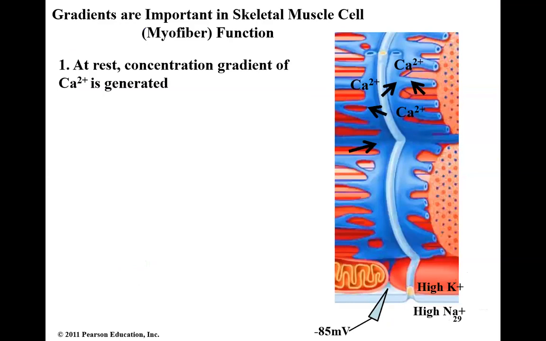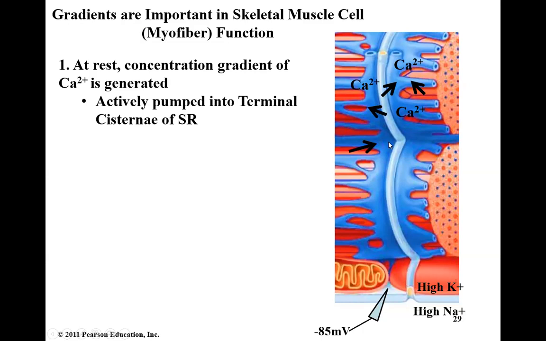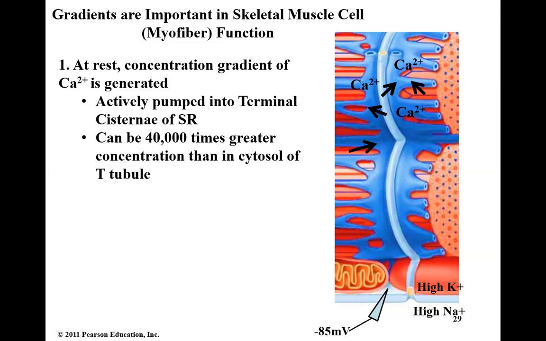Well, at rest, the membrane of the sarcoplasmic reticulum, right, so this blue stuff right here, is actively pumping calcium out of the sarcoplasm, right, so out of just floating around the muscle cell and into the SR. Right, so what these little arrows are representing is active pumps, pulling calcium inside the SR. Okay, and now it's separated by a membrane, and so inside the SR is unbelievably high calcium levels.